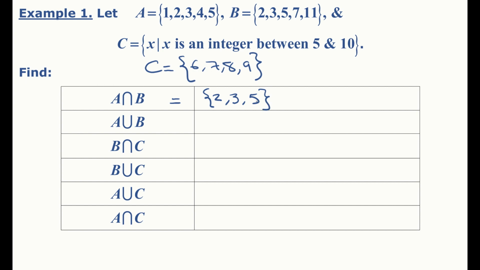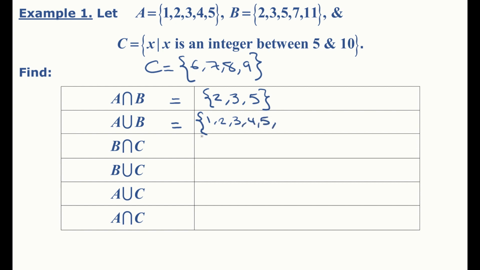For the union of A and B, remember, we're going to merge the members of A and B. We're going to unite them, but we're not going to repeat. So we get the set. Since here we have all the numbers from 1 through 5, we'll start with that. So we want 1, 2, 3, 4, 5.